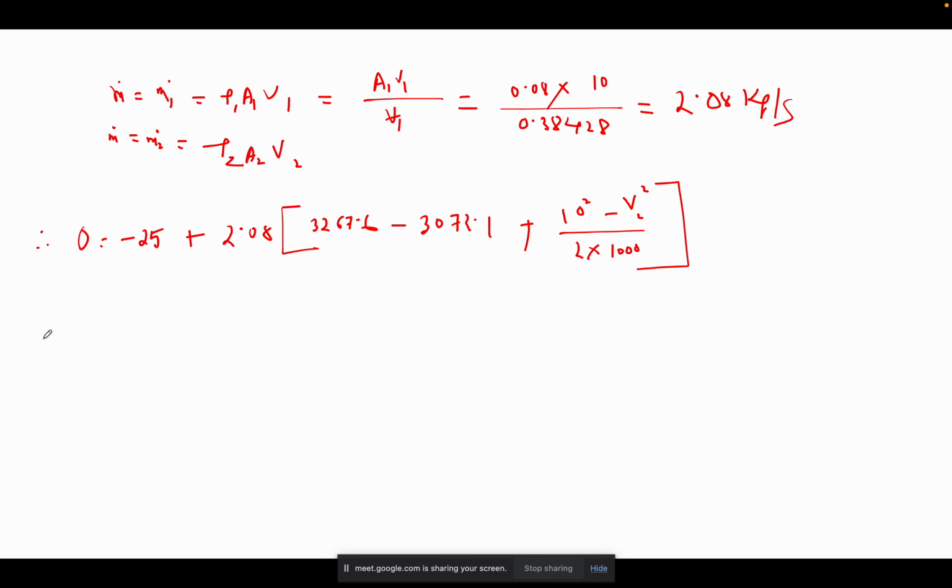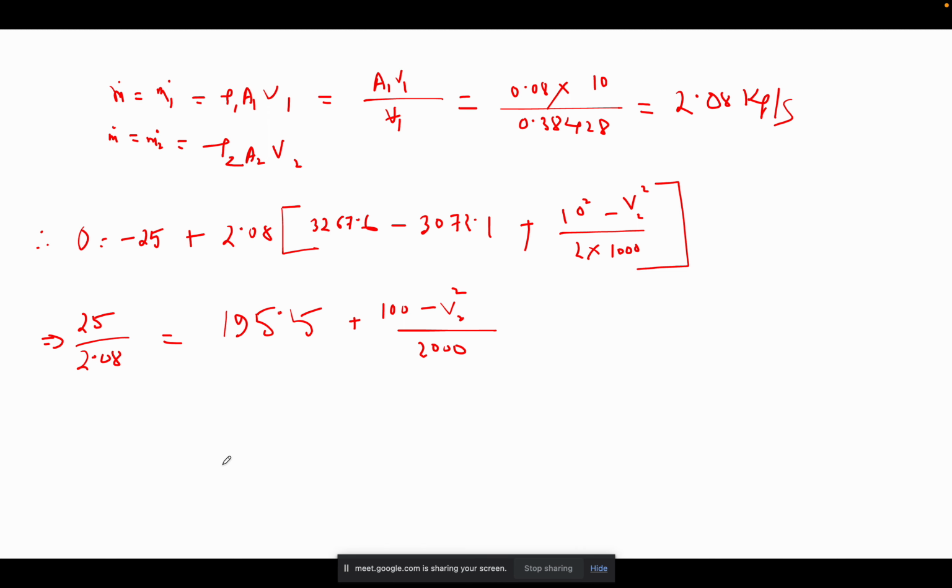Now I'll move this to that side. So this will be 25 by 2.08, and this one I can do as 3267.6 minus 3072.1, which is 195.5, plus 100 minus v2 squared by 2000.